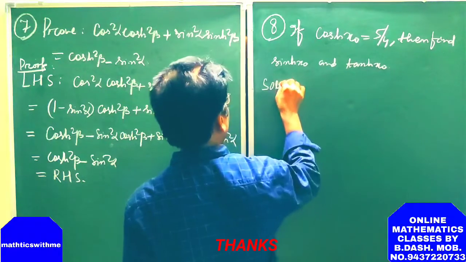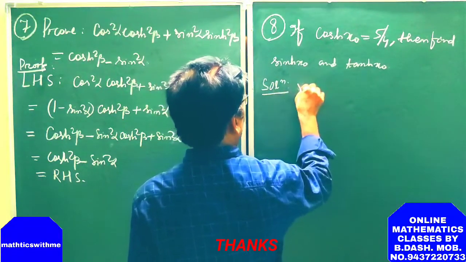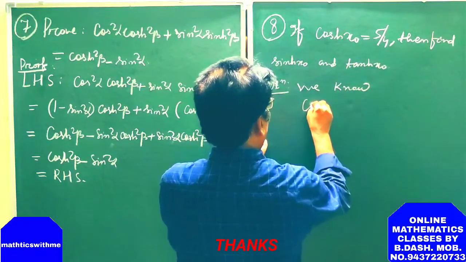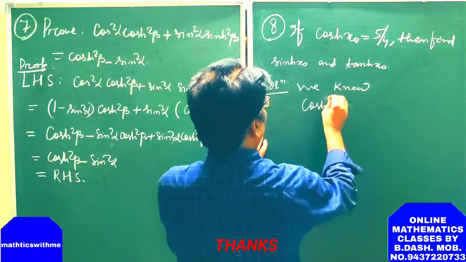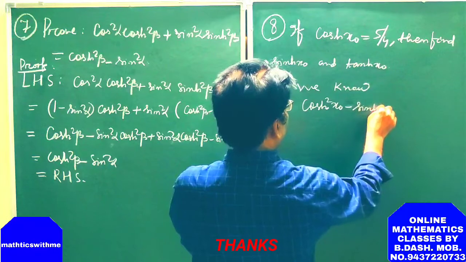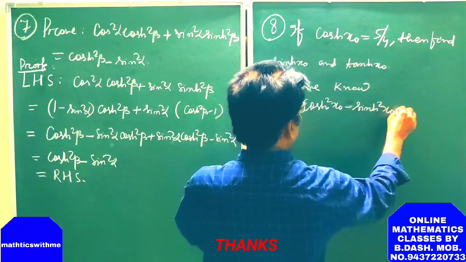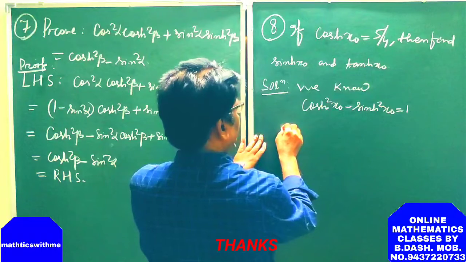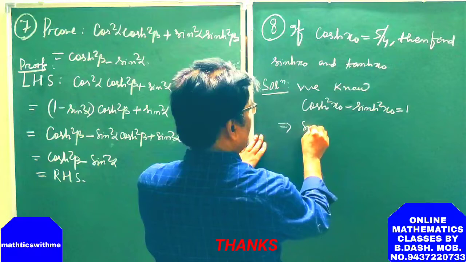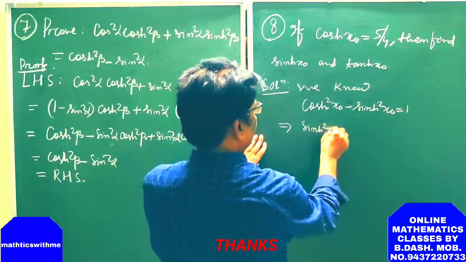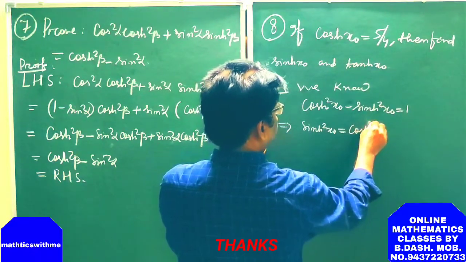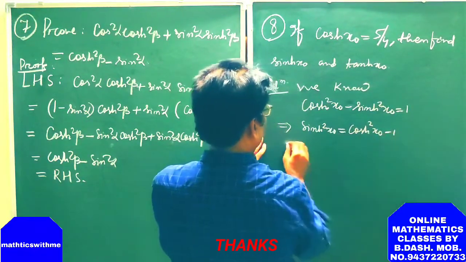Solution. We know cosh square x0 minus sinh square x0 is equal to 1. So this implies sinh square x0 is equal to cosh square x0 minus 1.